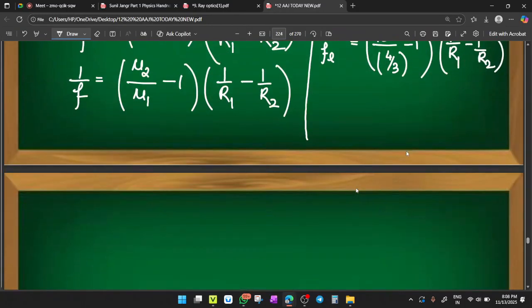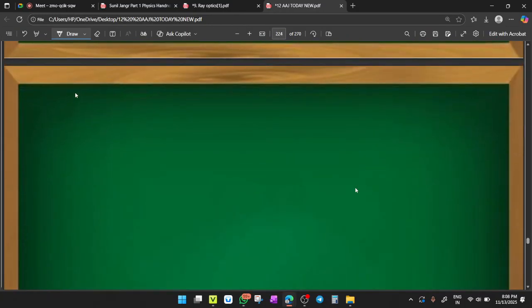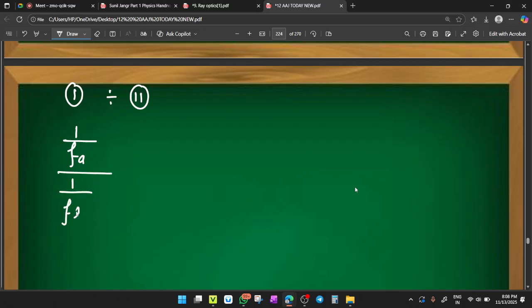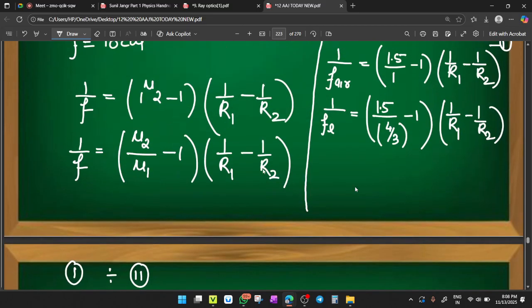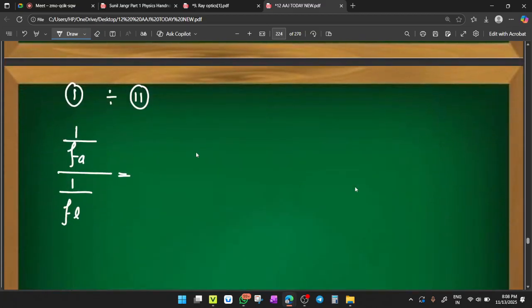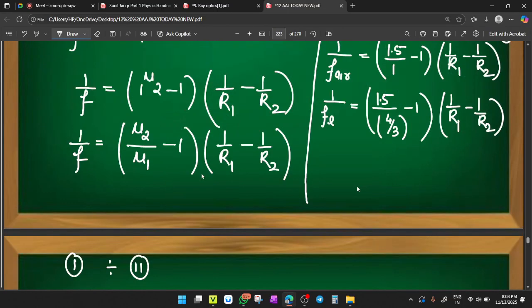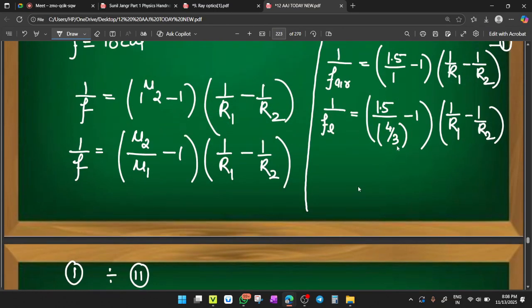So just divide 1 by 2. Now on 1 divided by 2, what will happen? So it will be 1 upon F air divided by 1 upon F liquid equals (1.5 minus 1) divided by (1.5 divided by 4 by 3 minus 1).